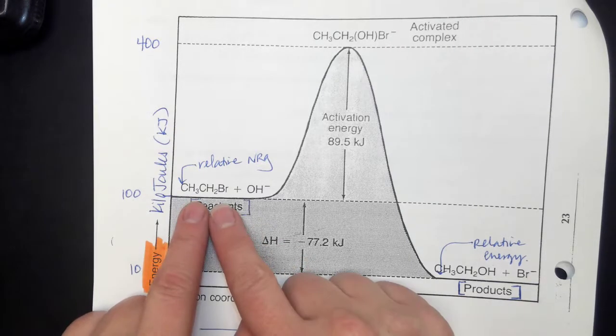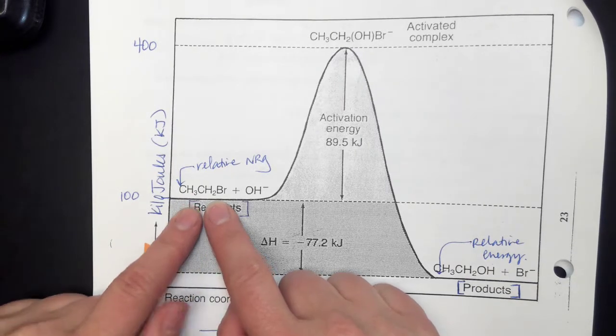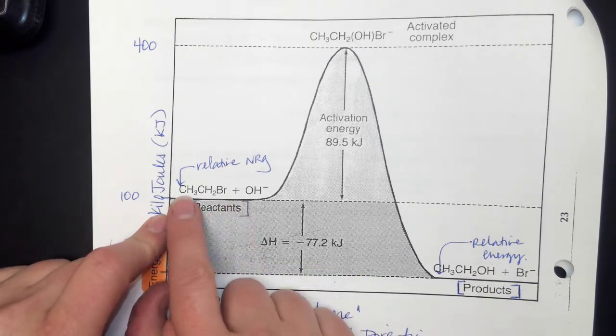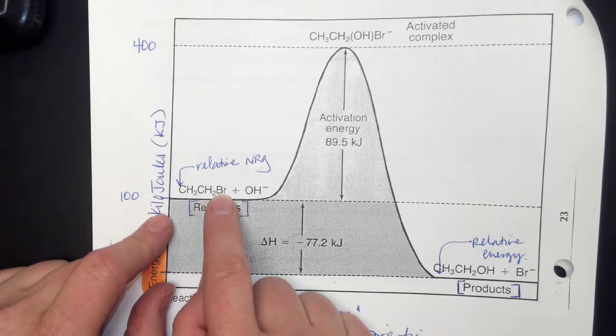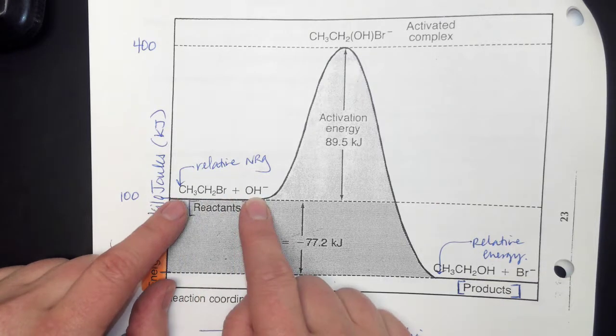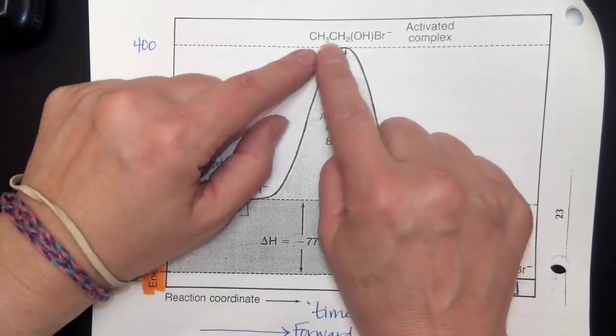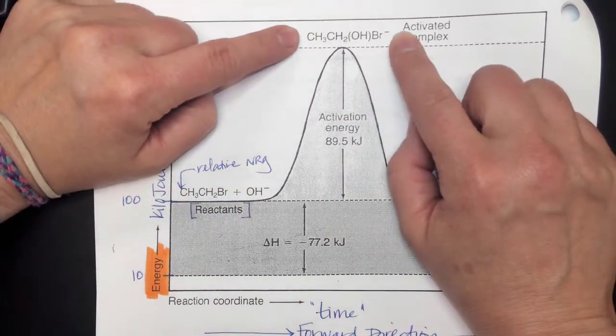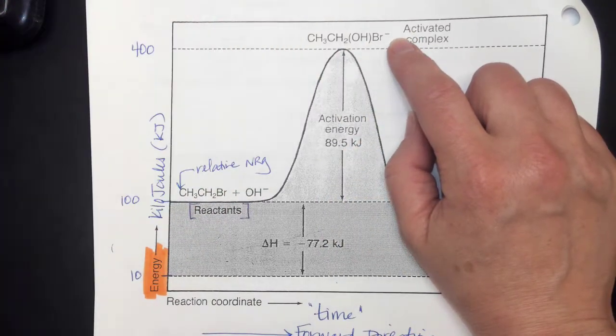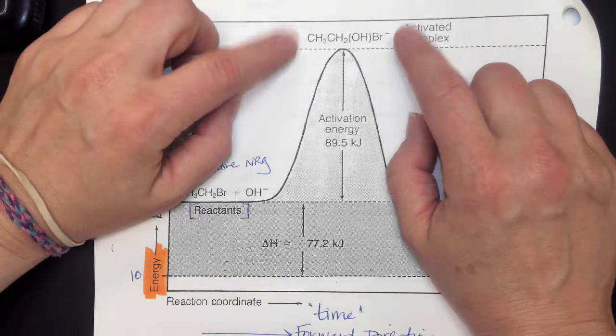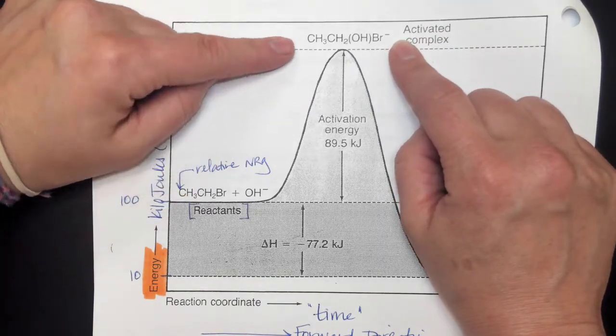If I look at the reactants I have here, I have some carbon, hydrogen, bromine compound and hydroxide. And then what do we note about the compound at the top? Sierra, what do you note about the compound that's written up here? What have they done?